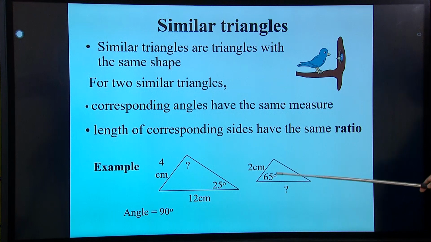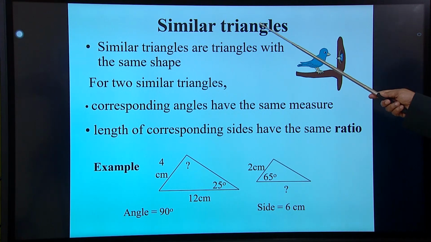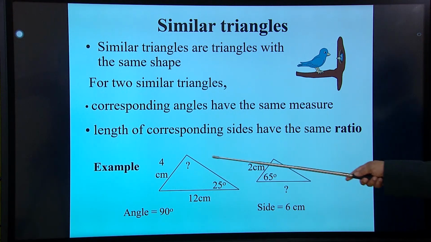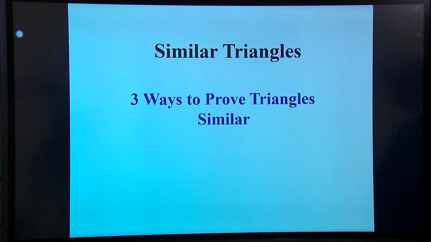And if we need to work out the side of this triangle, we can use corresponding ratios. So 12/4 is equal to 2 over something, so that must be equal to 6. Because we have similarity, we can see that the angles are equal, and we can use that to work out other sides for the object.